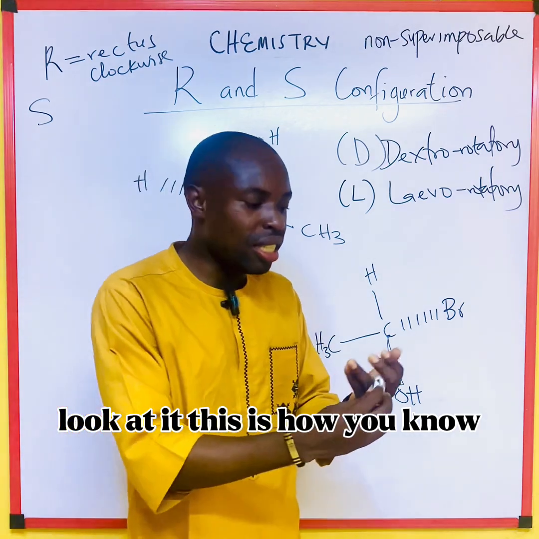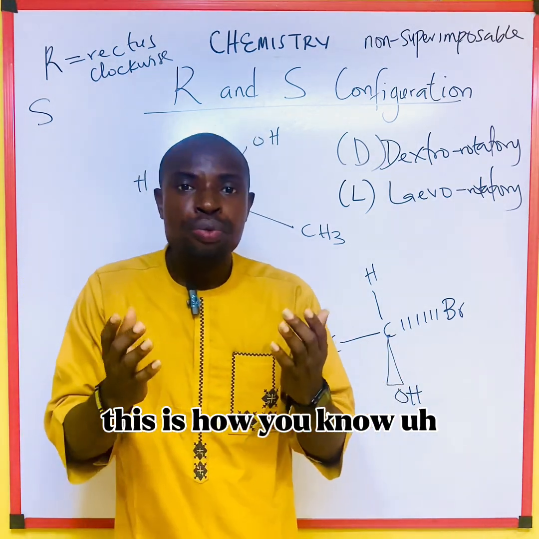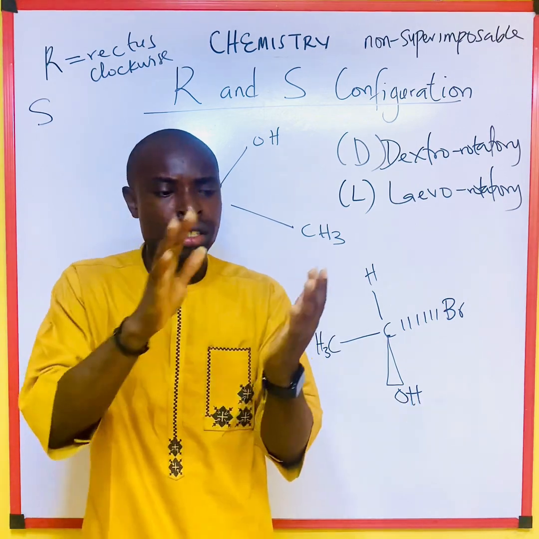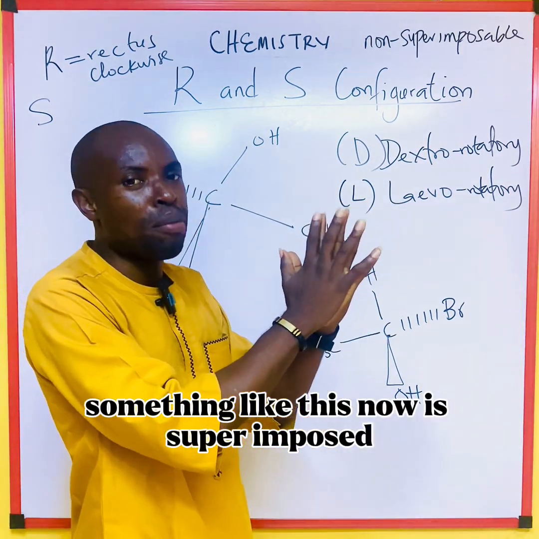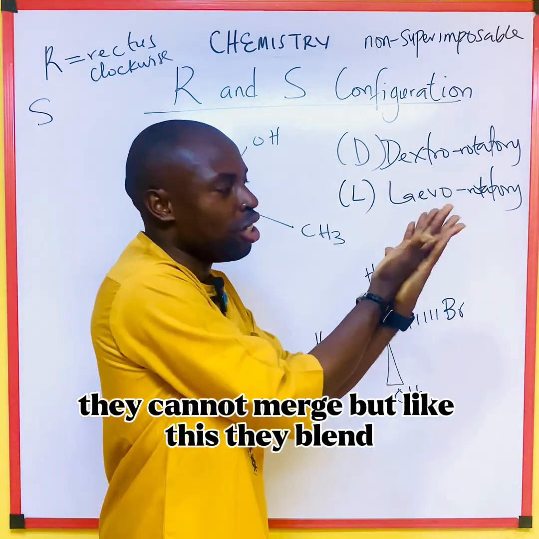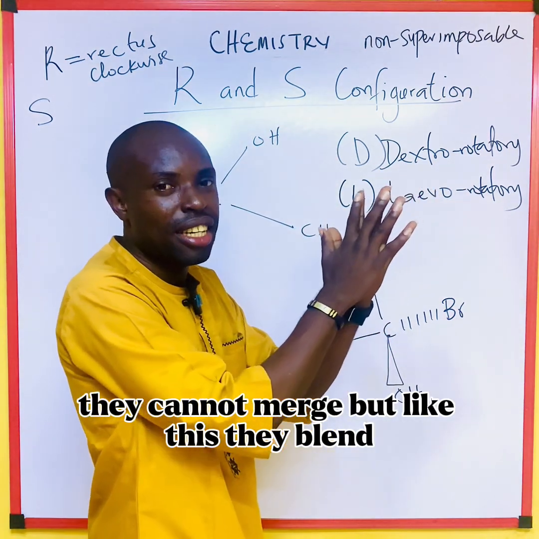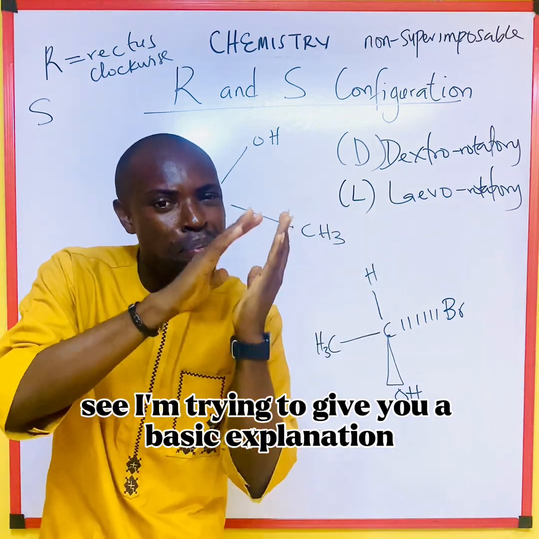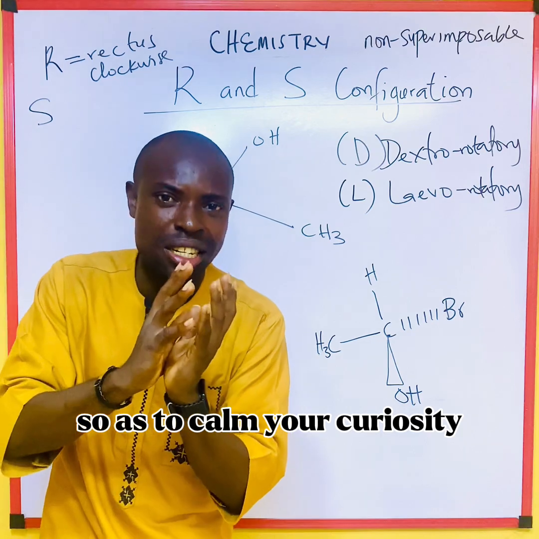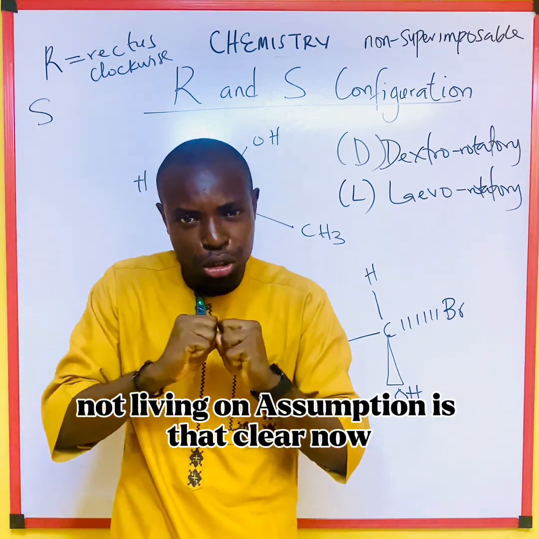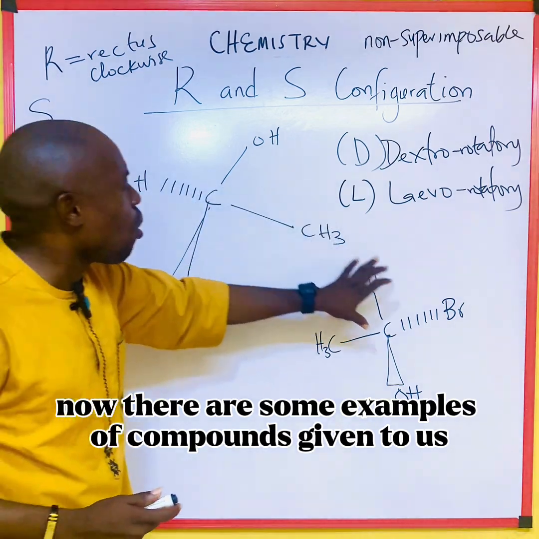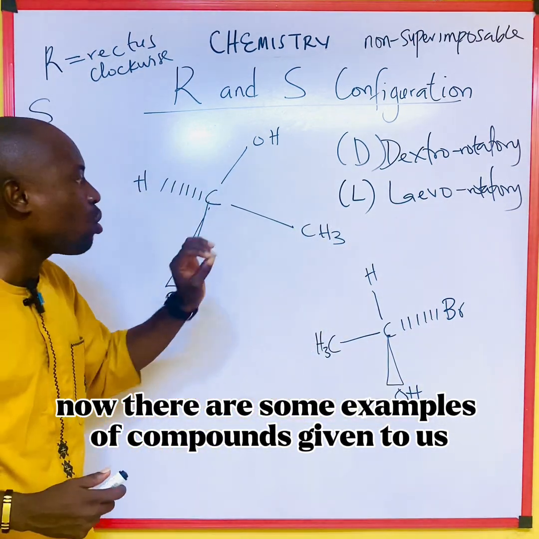This is how you know superimposable: something like this is superimposed, while like this it is not superimposed. I mean, they cannot merge, but like this they blend. I'm trying to give you a basic explanation so as to calm your curiosity, not leaving you on assumption. Is that clear now?